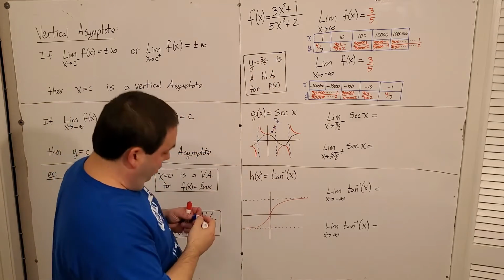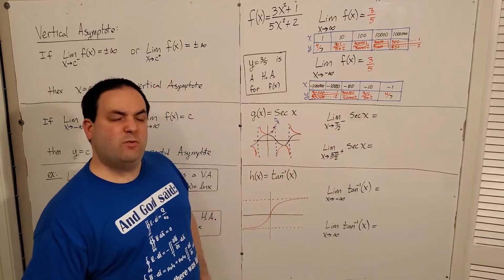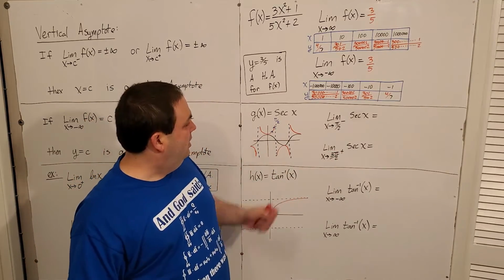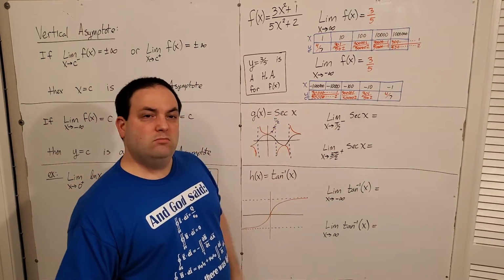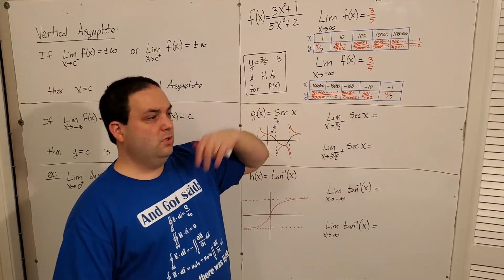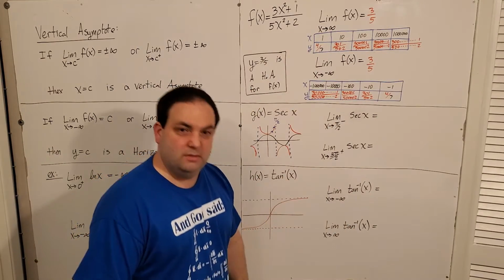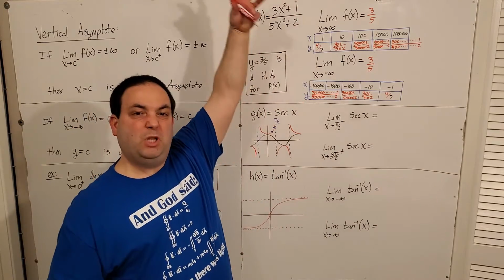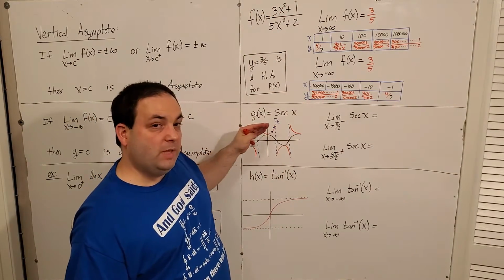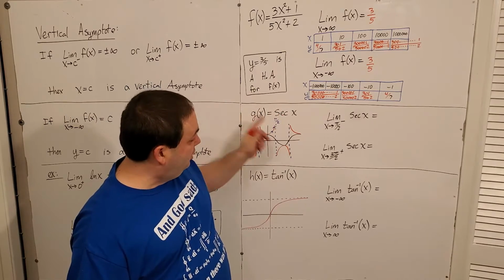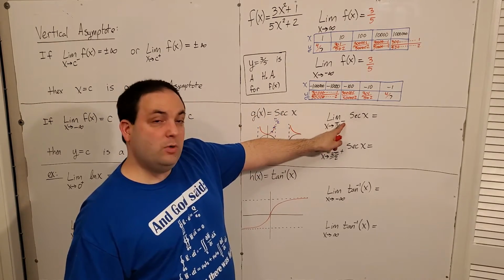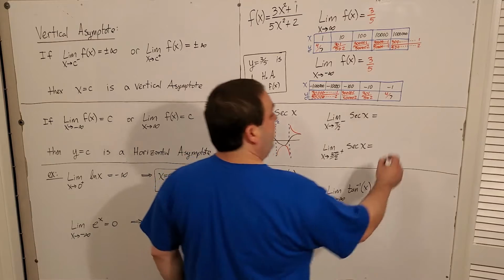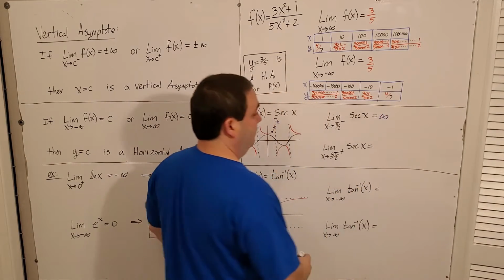Or in your calculator, pi over 2 is around 1.57-ish. Plug in secant of 1, secant of 1.2, secant of 1.5. You'll see the value just explode. But that's just from the left-hand side, and that's the limit I have here. The answer is infinity.